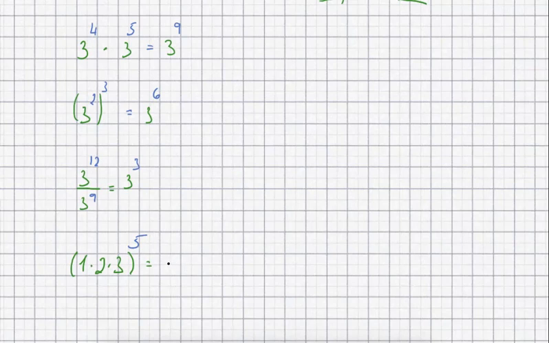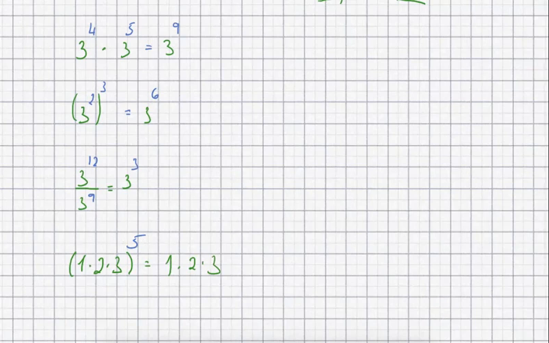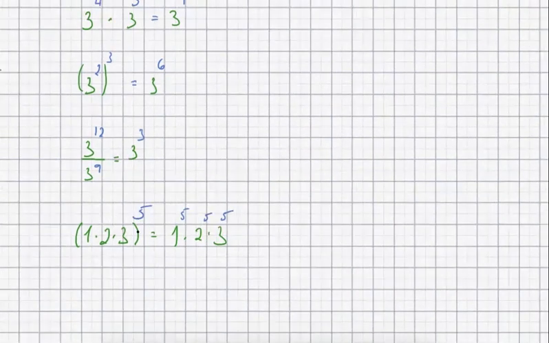Is it like 1 to the 5th power, 2 to the 5th power? Yeah, so you know it. Now, it doesn't matter how many numbers are in the parentheses here, 1, 2, 3, a million, it's the same rule. So everybody gets the power.